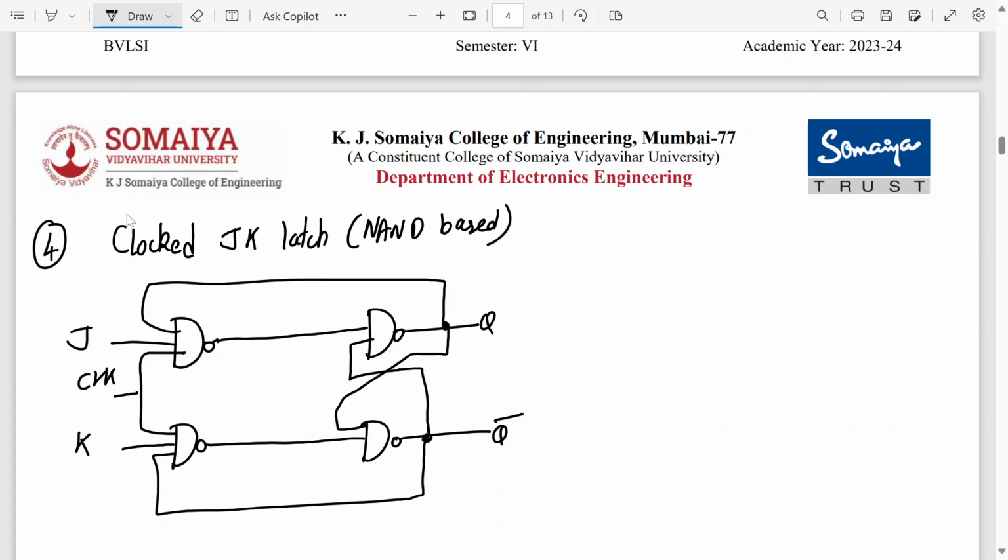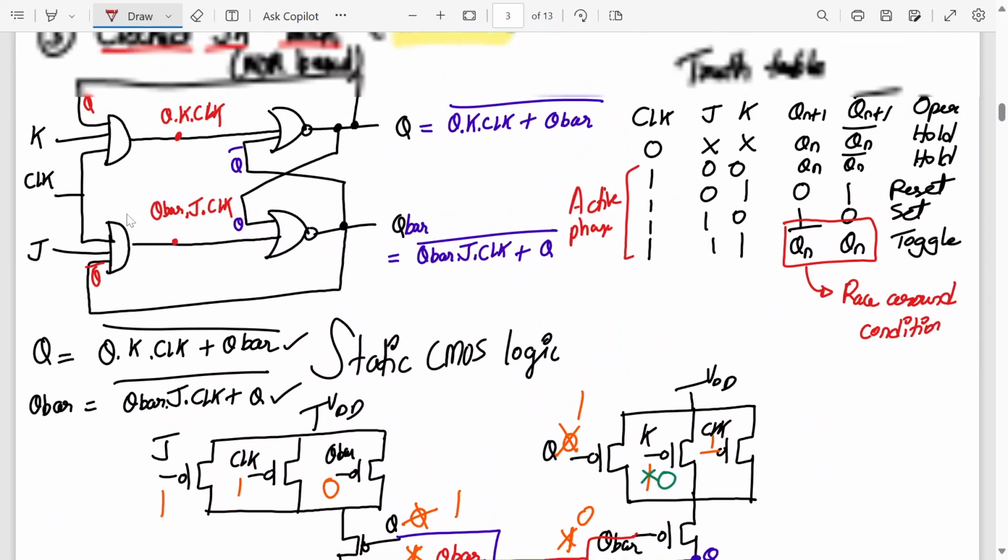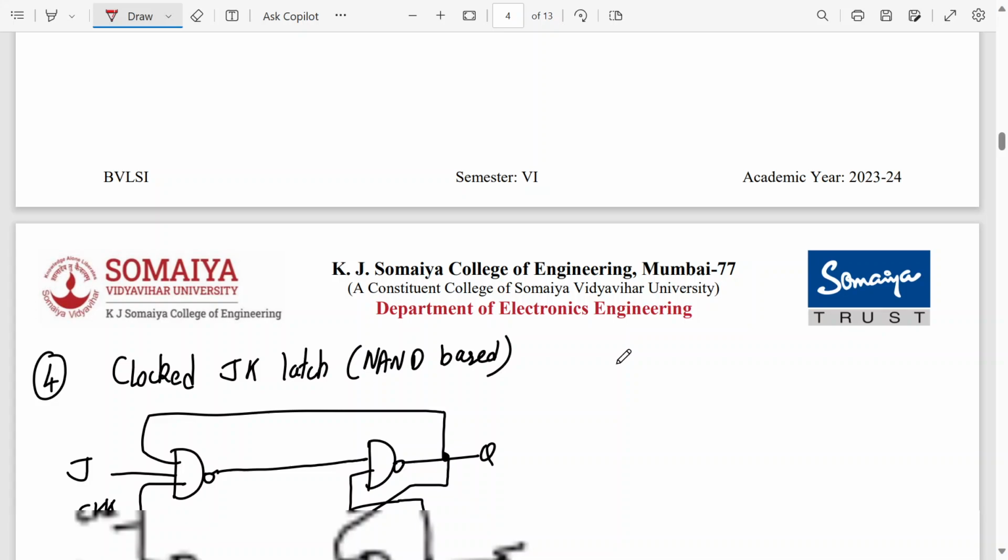All right, complete this. Truth table will be, it will be active high or active low. You can keep it as active high also, no problem. The truth table will be same as the previous truth table which we have drawn over here.